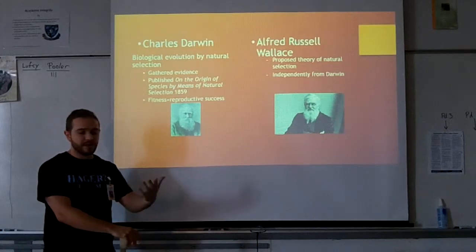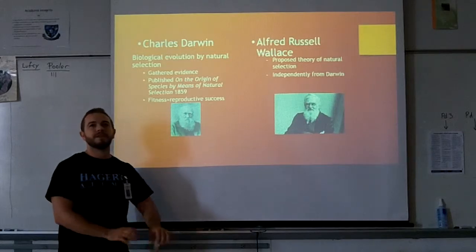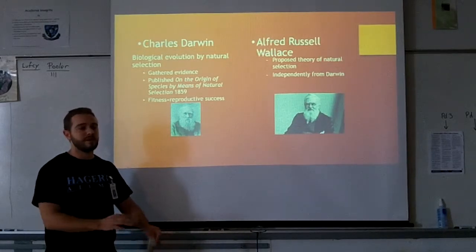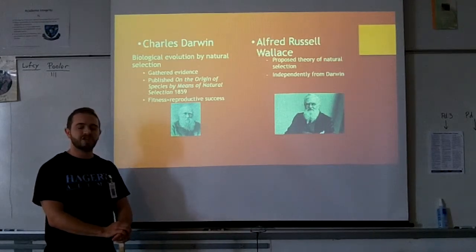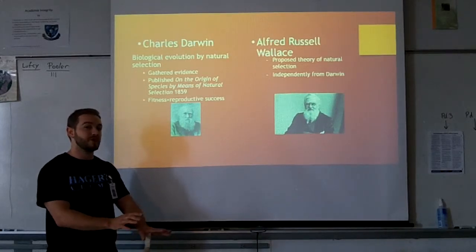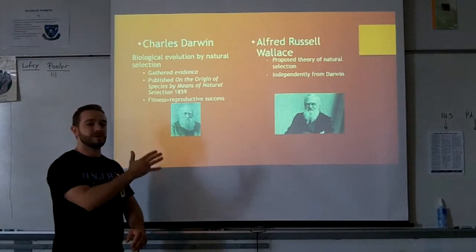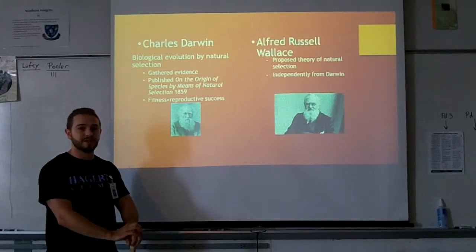In doing so, he collected lots of different species, and he put together the theory of evolution. He noticed these animals seem to be changing and adapting quite regularly to their environment. So how are they able to change and adapt over time? He had to come up with something to explain that, and that was natural selection.